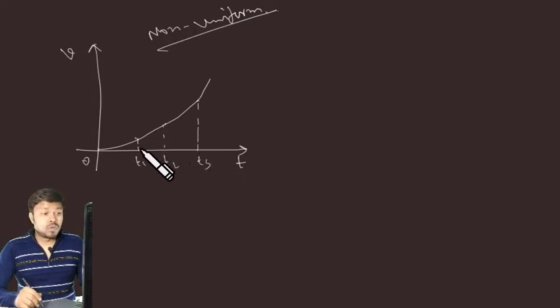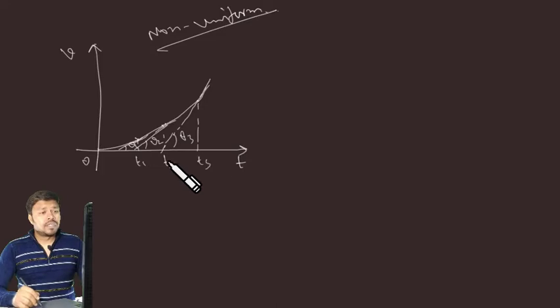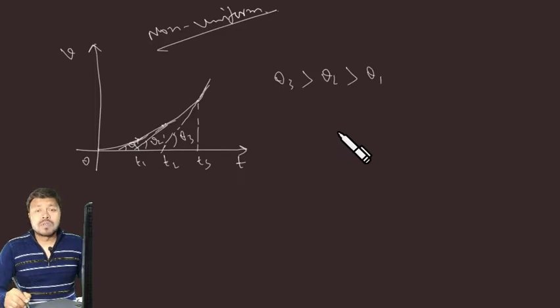What happens to the slopes for these points? At T1, the slope is this, theta 1. At T2, the slope is something like this, theta 2. At T3, the slope is this, which is theta 3. Here, clearly theta 3 is greater than theta 2, greater than theta 1. What does it mean?